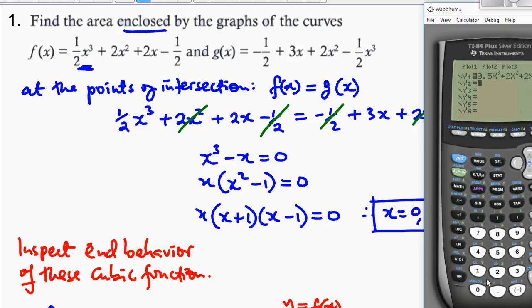And then here I'll have negative 0.5 plus 3x plus 2x squared minus 0.5 x cubed.